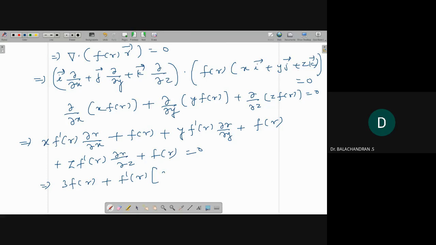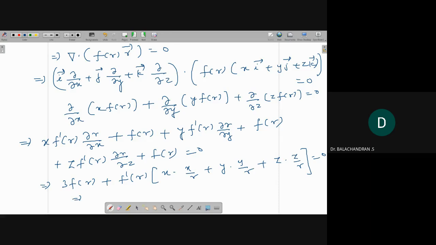Remaining, you have x into dou r by dou x is x by r, plus y, dou r by dou y is y by r, plus z into dou r by dou z is z by r, equal to 0. So you can take r also common.